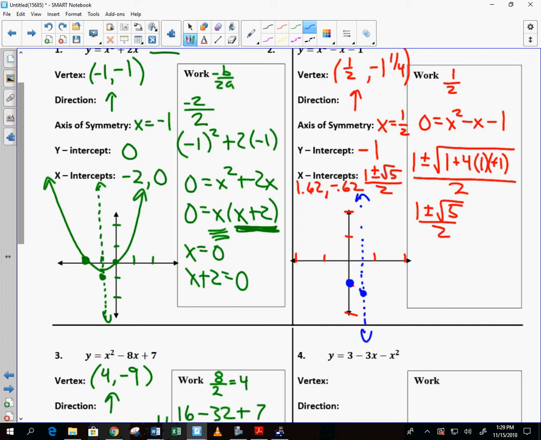And it passes through 1.62, which is a little bit more than 1.5, and negative 0.62, which is a little bit less than negative 1/2. I have those points. That's enough to sketch my graph. And there you have it.